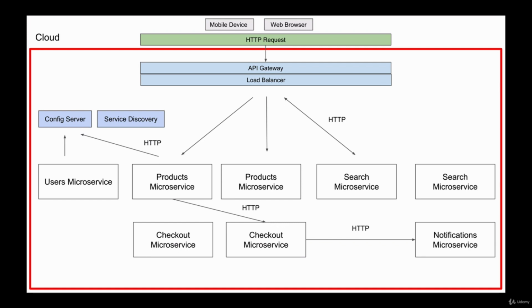One microservice is responsible for working with users, and then we have products microservice and checkout microservice and others. And all of these microservices, they communicate with each other over HTTP. For example, when a checkout microservice needs to generate a notification message, it will send an HTTP post request to a notification microservice, and notification microservice will do the rest.